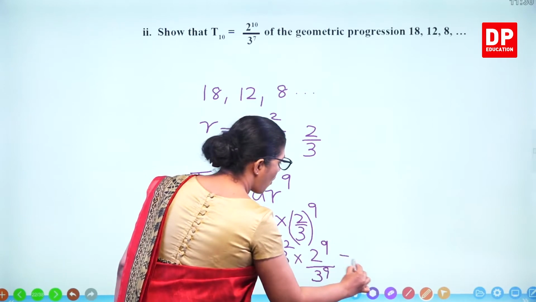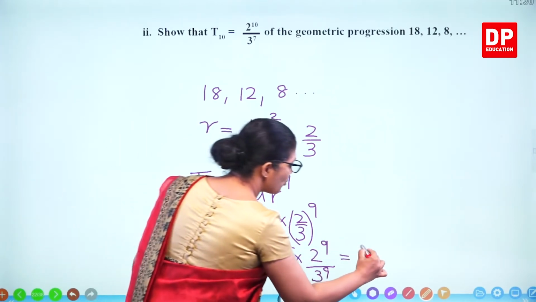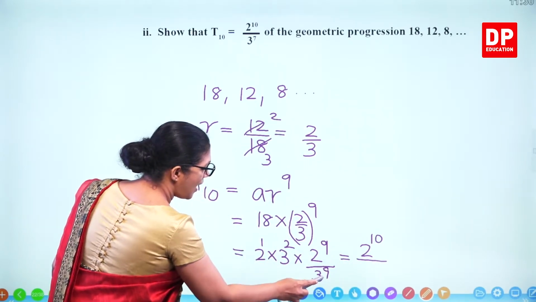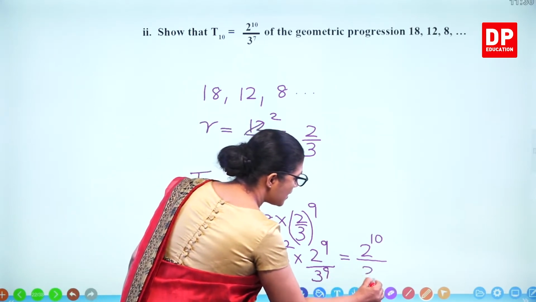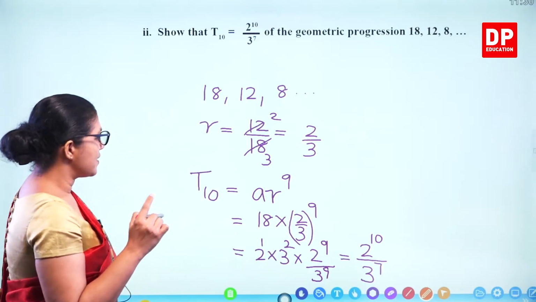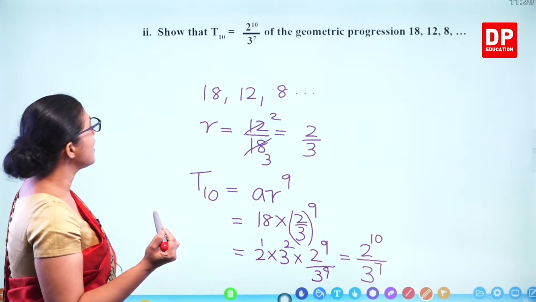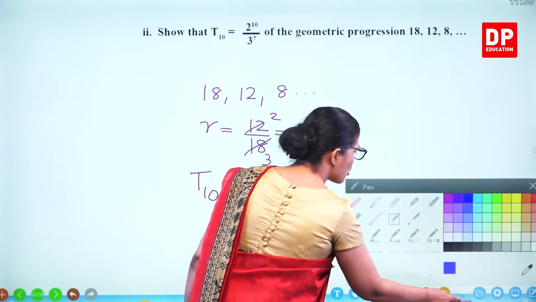Now, take all powers of 2. This 9 and this 1, you get 2 to the power 10. And here, 9 and 2, when you simplify, the denominator becomes 3 to the power 7. So 2 to the power 10 and 3 to the power 7. So that's the 10th term of the geometric progression.